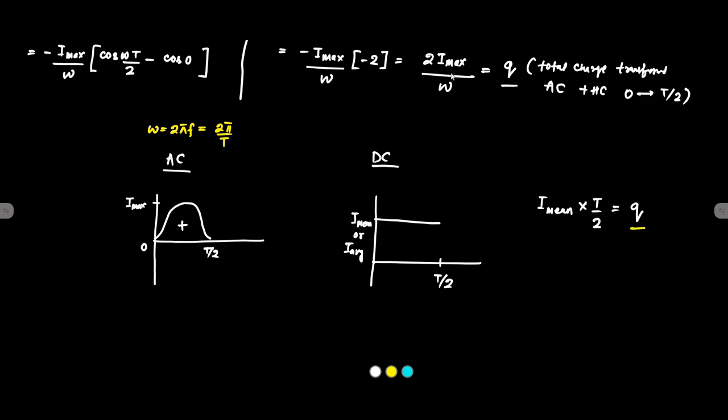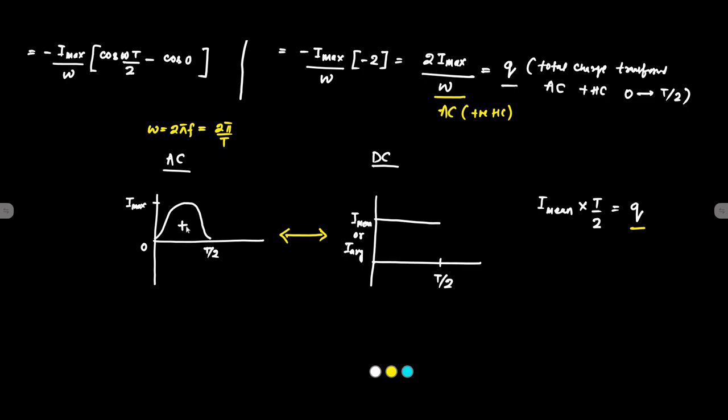This is for AC, the positive half cycle. This is by the equivalent DC current, which we are calling the mean or average value. That is the essence of mean or average value: an equivalent DC representation of AC. We are trying to find the DC value of this positive half cycle of alternating current.